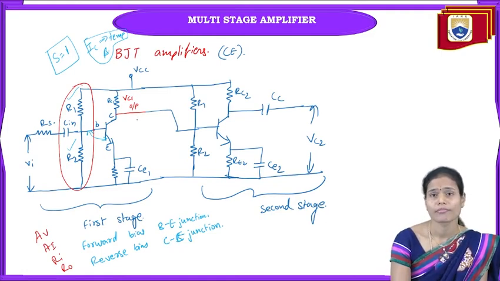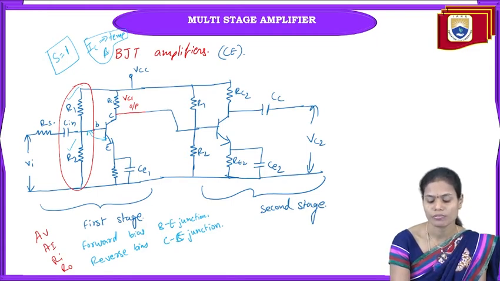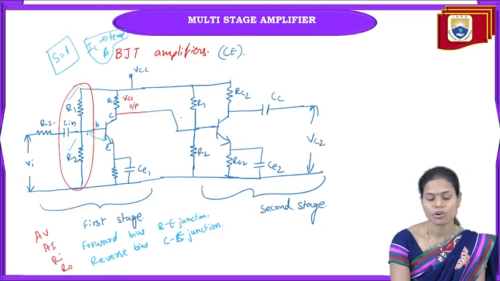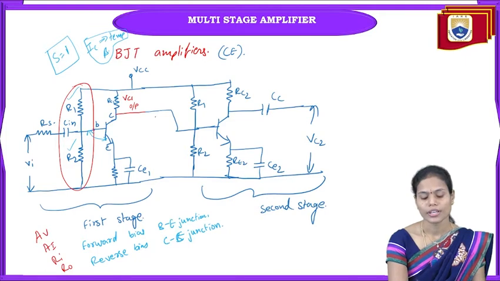So here, to make the multi-stage amplifier, I have connected the output of the first stage to the input of the next stage. That is nothing but the collector of the first stage to the base of the next stage. In order to interconnect these two stages, I can connect the output of this one directly to the input of the next stage, or else we can use different coupling devices to make the multi-stage amplifier.